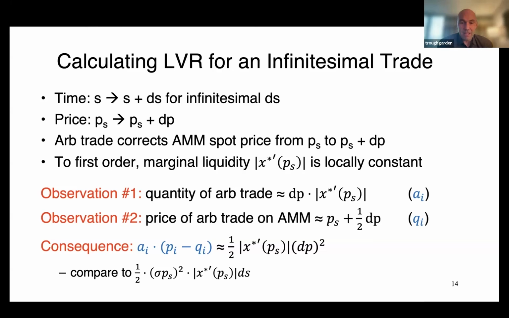Because we still have not actually committed to a model of how prices are going to evolve over time. What we have left to do is write down that model, which is going to be geometric Brownian motion. And in that model, it will in fact be the case that DP squared will be equal to quantity sigma PS squared.